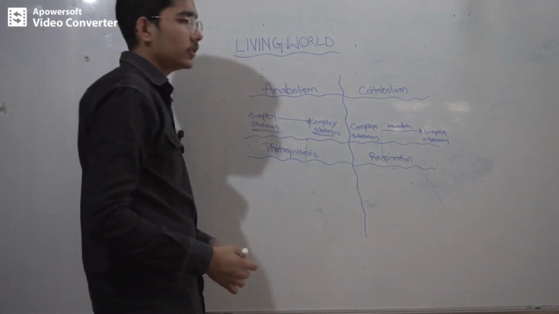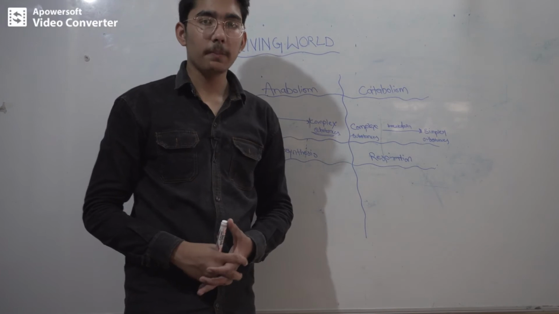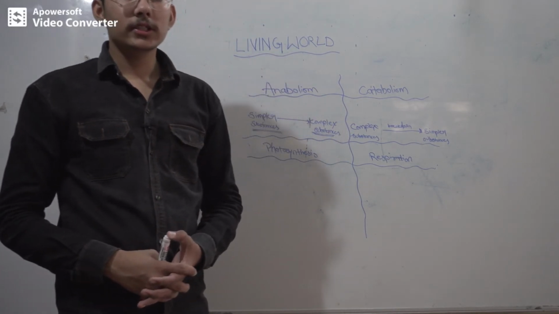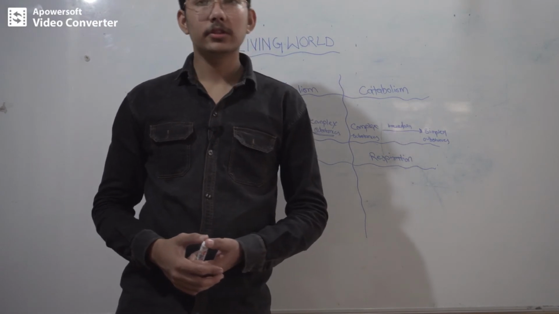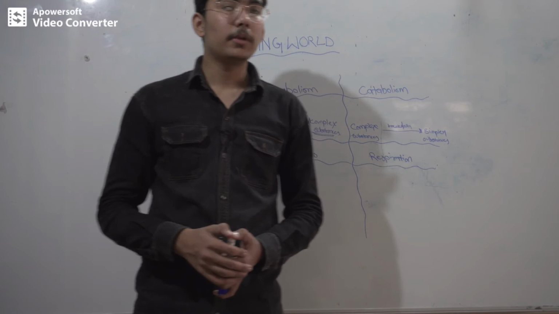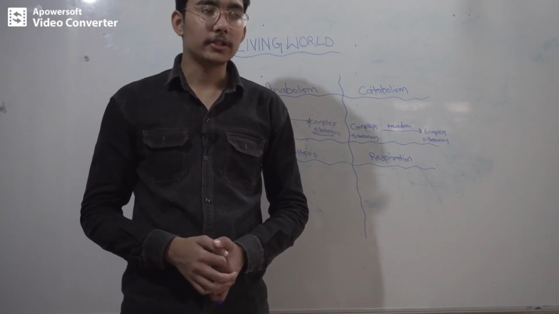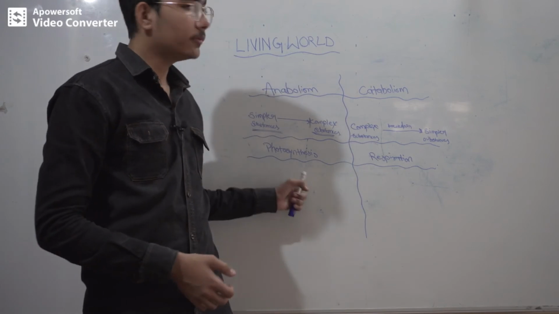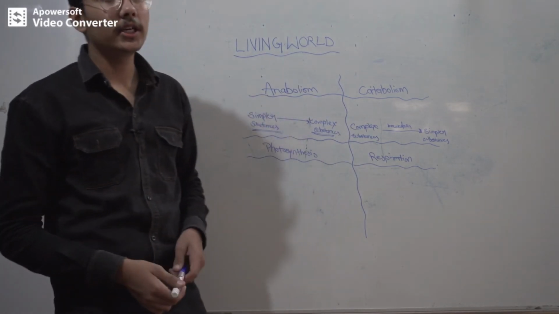The other information which I am going to tell you about anabolism and catabolism is that all the reactions, all the conversion or the breakdown of complex substances into simpler substances, are occurring inside or outside the cell. In the case of anabolism, all the reactions are occurring inside the cell.